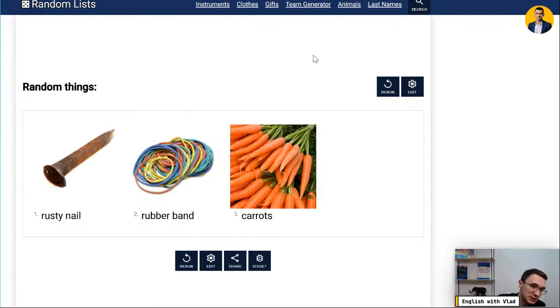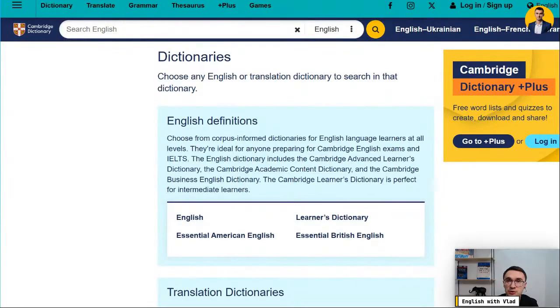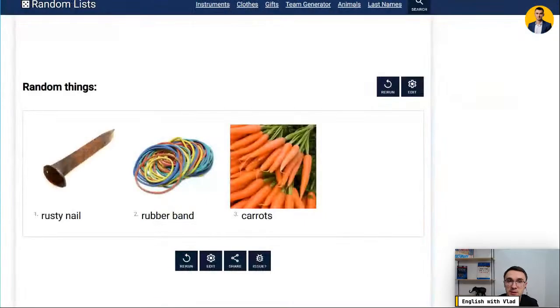Let me plug in my charger, so as not to disconnect my laptop during this live. So let's start. I will be using Cambridge Dictionary to check some of the maybe unknown words, some of the words that you guys might want to learn.